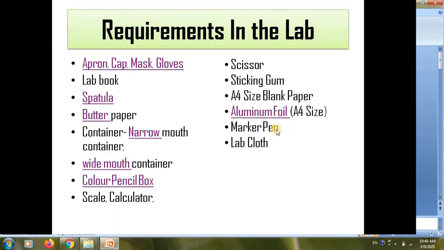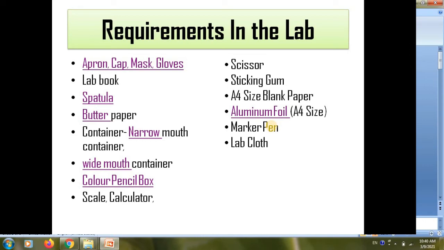Then a marker pen to mark your beaker, because in some cases we have to mark your roll number, or mark a solution on a beaker. We also use a marker pen on your suppository mold.